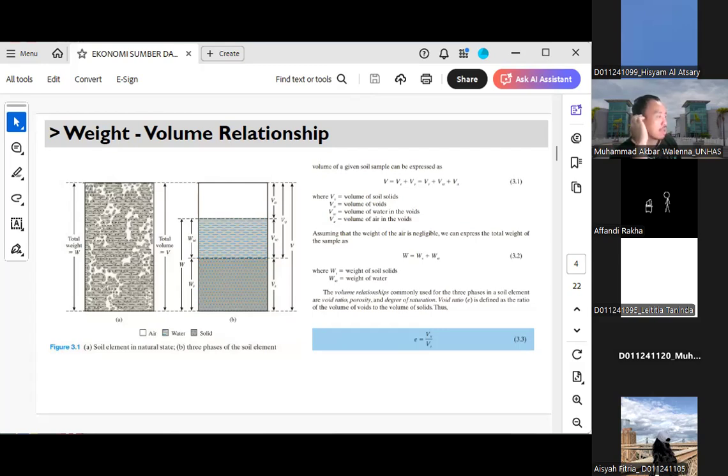So to reiterate once more, the volume of voids, or Vv, is the volume of air and water, and the volume of solids is the volume of the solid itself, so only the solid grains. So voids is the volume that can be occupied by either air or water. Now you should think of it like this.